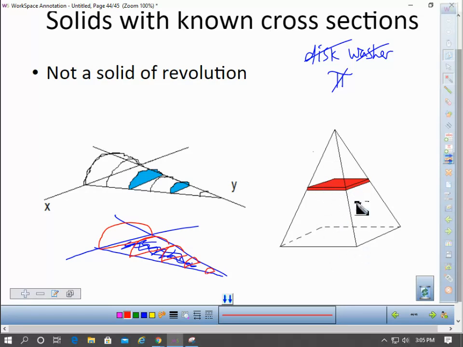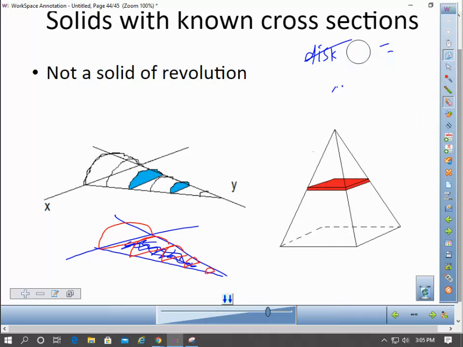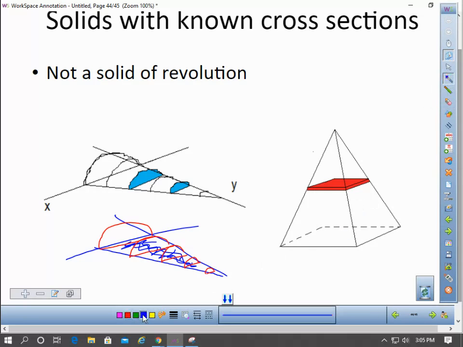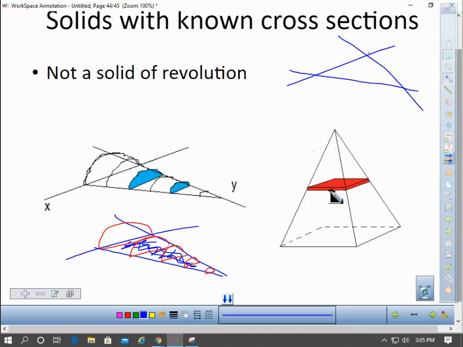So I might start out with, let me erase this up here, to keep it consistent, my area in blue is going to be this triangle again. So I might have this triangle shape again, but I'm going to build squares on it now. This is my base down here, and I'm going to build squares on it.